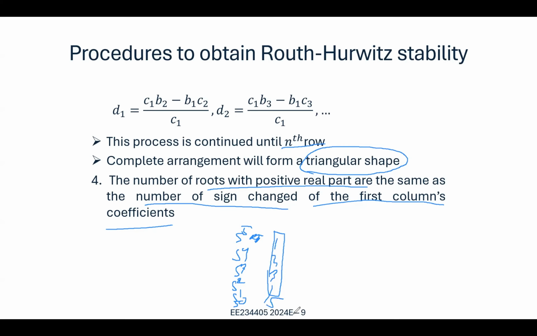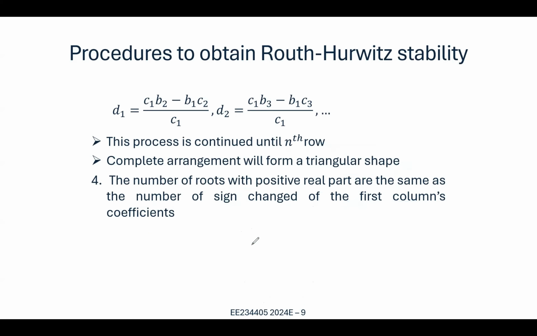We don't want any negative, negative 1, for example. We also don't want any 0 or any non-positive value. That's if we want the system to be stable, and that would be useful for us to design a stable system.